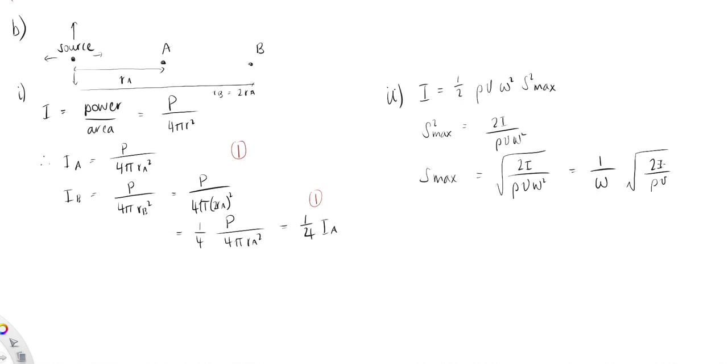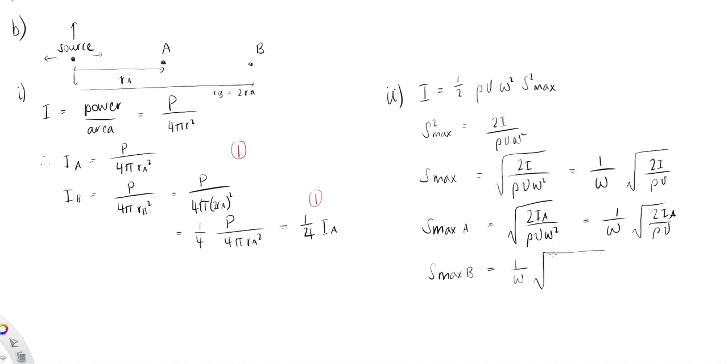So now we can just simply sub in everything that we know and compare the two displacement amplitudes. So let's do it first for A, because that's easy. And now let's do it for B, but we'll do it for B in terms of the intensity at A. Cool.